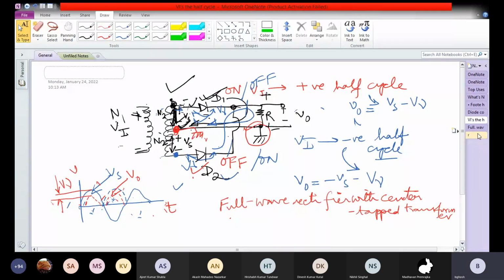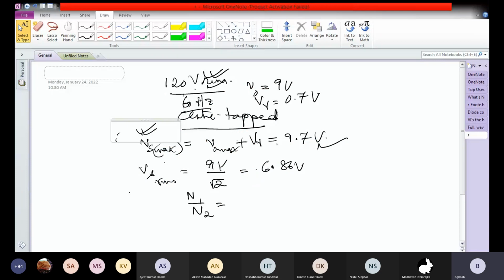So therefore N1 by N2 is 120 by 6.86, and that is about 17.5.